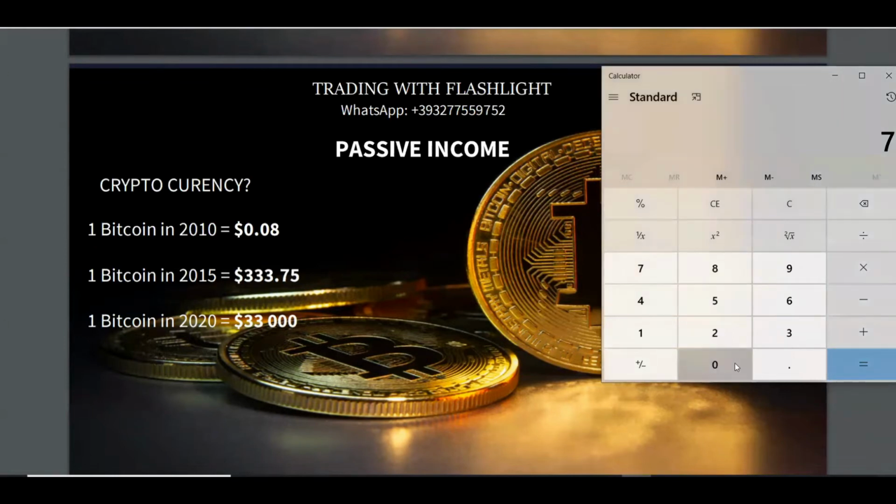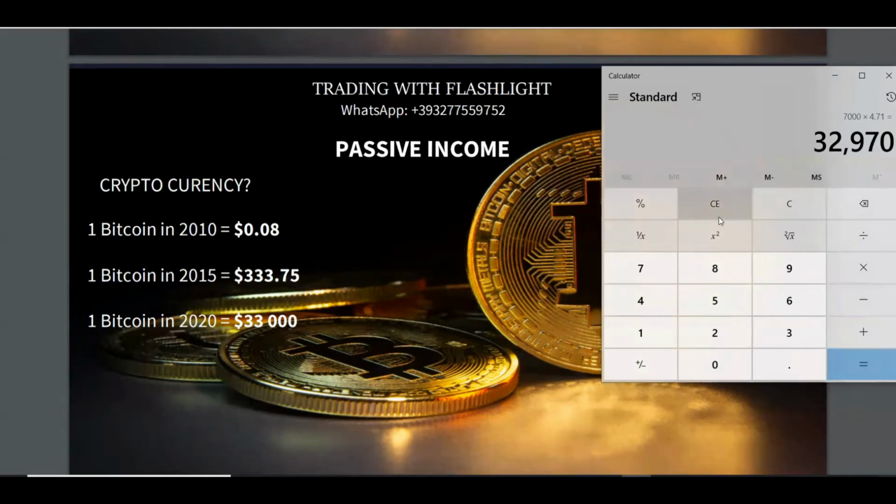If we take the 7,000, we multiply by 471%. So the person is making 471% profit for someone who just joined and bought.